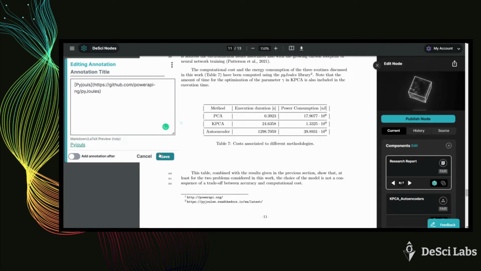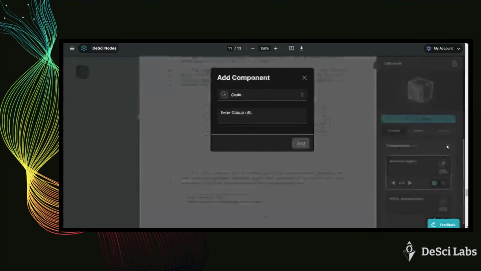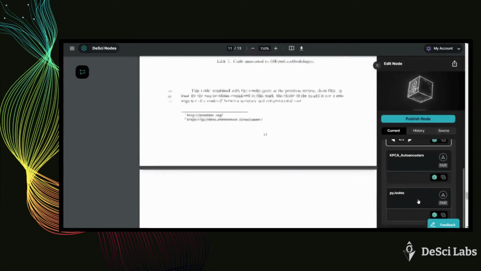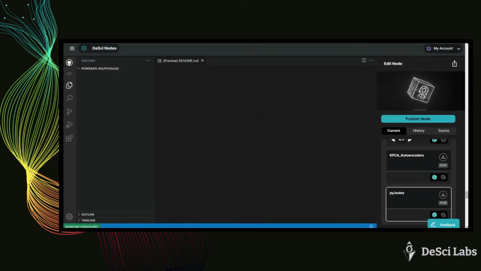Yeah, I was thinking because you can also add it from the components. Yeah, you can click edit and then plus. Nice. Hopefully it works. Yay.